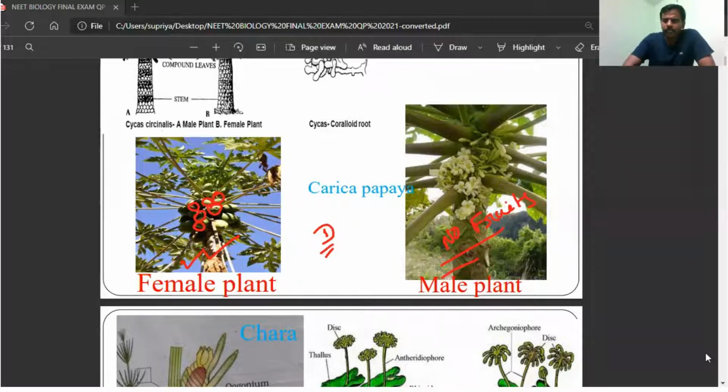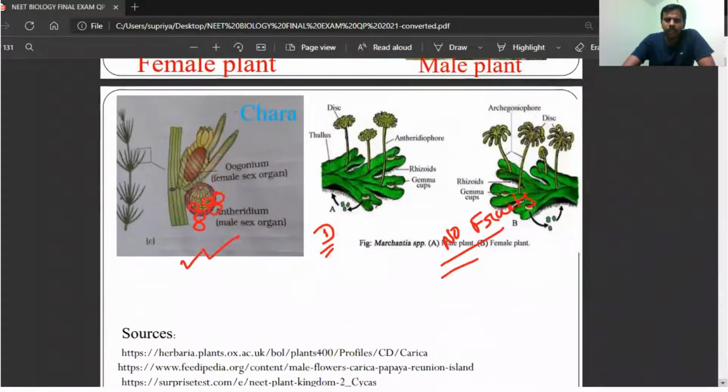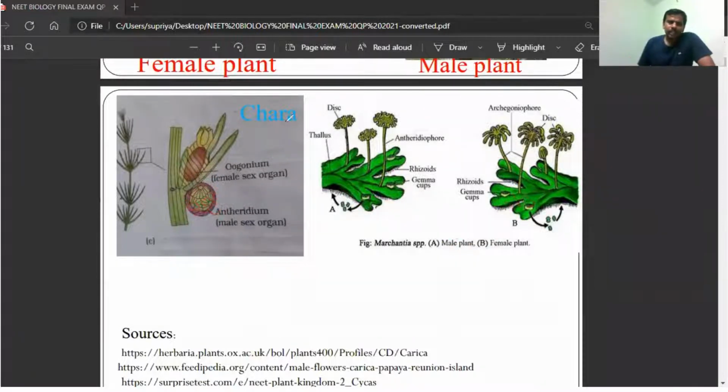And then another option they have given, Marchantia polymorpha, and Chara. Now see student, Chara actually belongs to the algae. In this alga Chara, on the same branch, in the same plant, you can find the oogonium, which is the female sex organ, and the antheridium, which is the male sex organ.